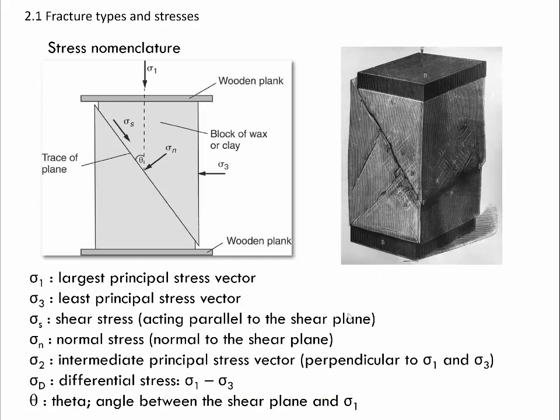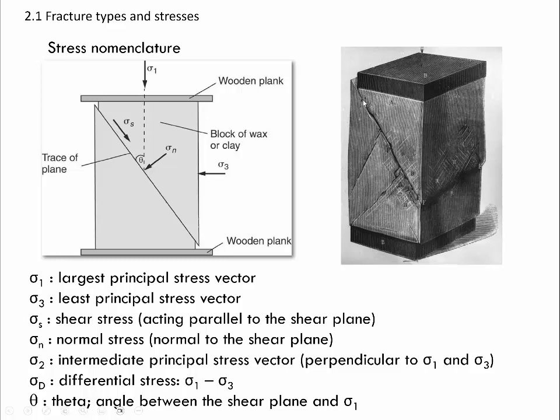What we see here is a diagram that illustrates a very early deformation experiment that was done more than 100 years ago. We see here a large block of wax that was put between two wooden planks, and these wooden planks were vertically loaded in order to simulate normal faulting.